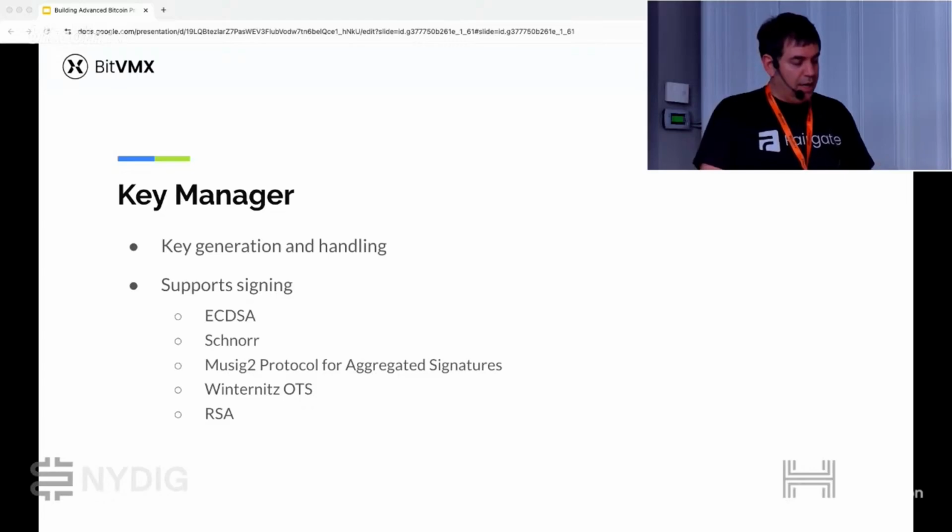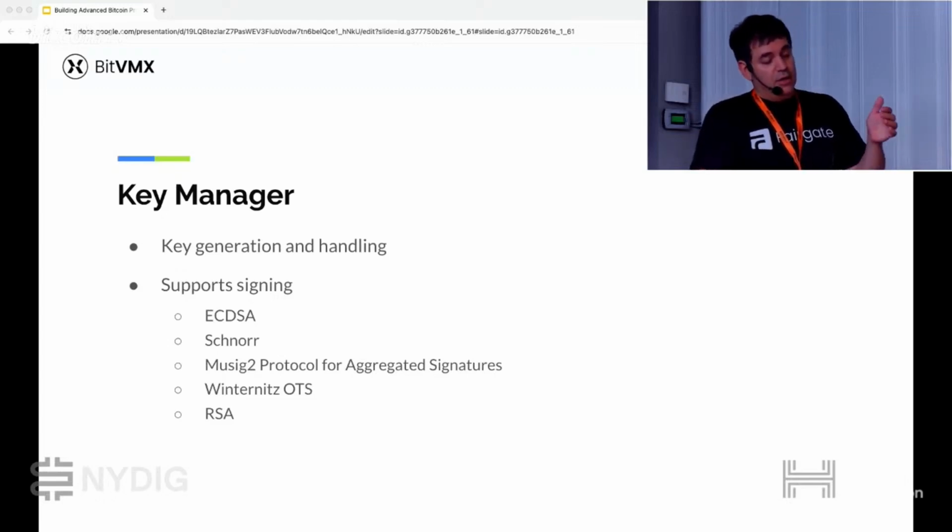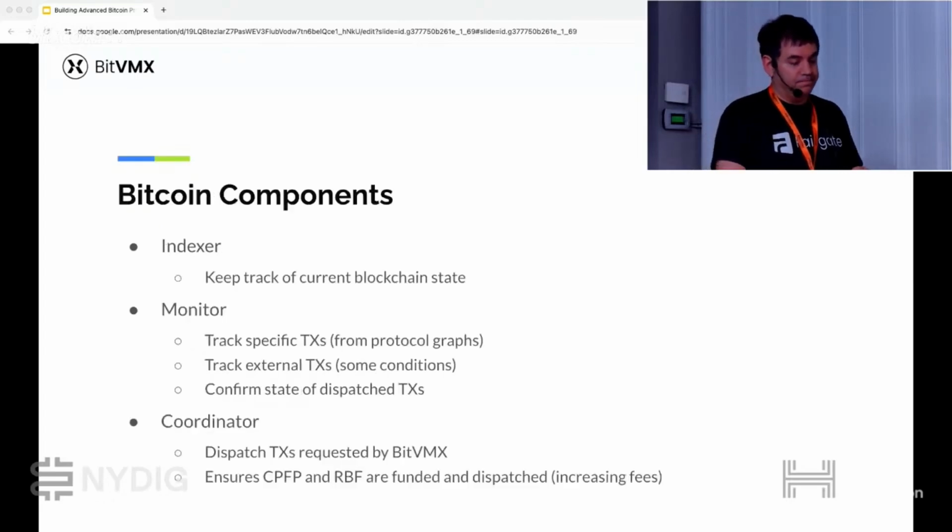So this is handled in part by the key manager. Then, of course, as I mentioned, the Winternitz one-time signatures, and finally RSA, because we need secure communication between operators and between subsystems, so we have a way to sign this using TLS.